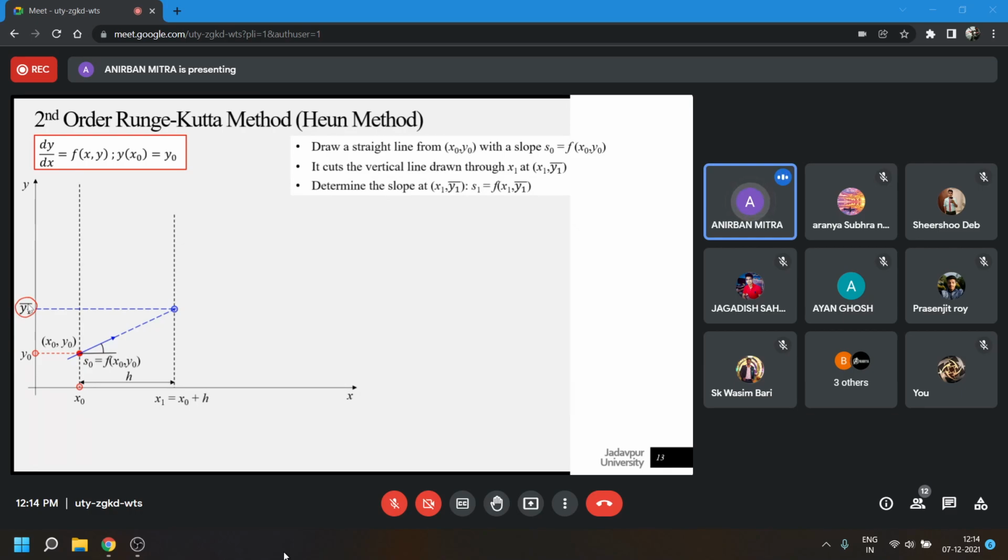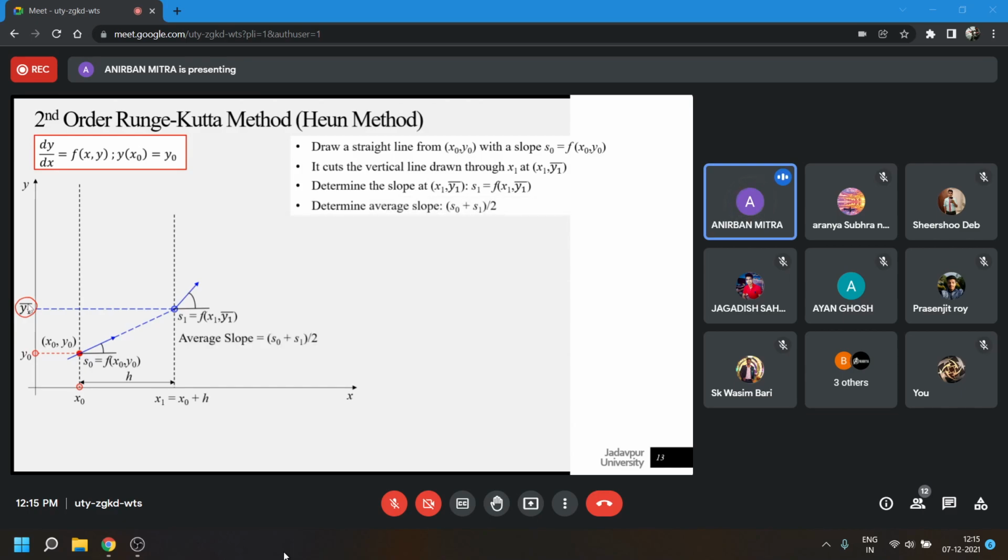Next, we will determine the slope at this point, that is x1, y1 bar. We can determine it pretty easily because we know the formula for the function f of x1, y1 bar. We know the coordinates x1, y1 bar. We plug them into the function and get the slope like this. So that is the slope S1. This is the second point that we have considered.